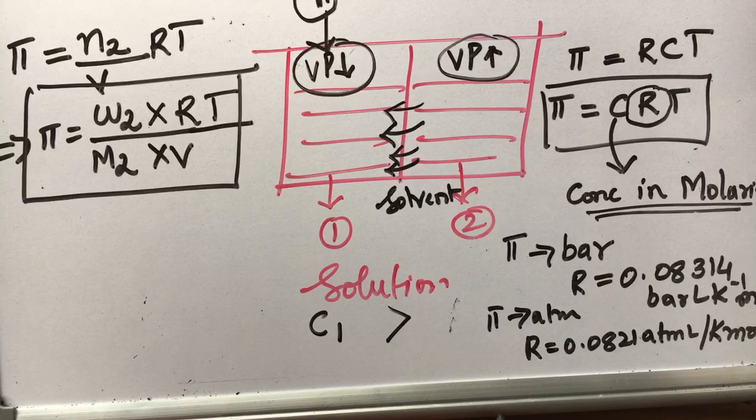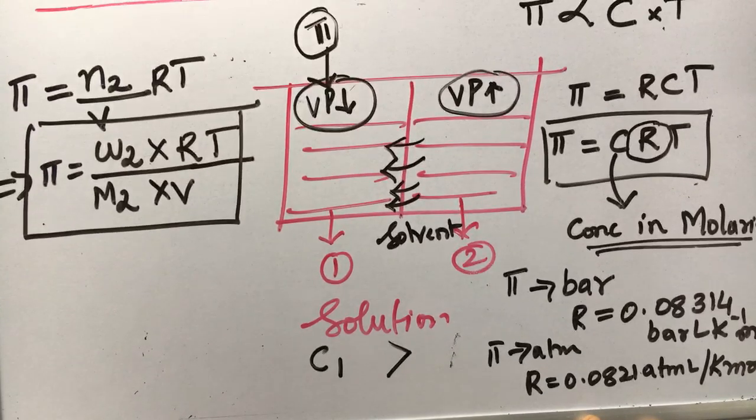So we have to study a concept called reverse osmosis. Let us study this in our next class, students. Please read all the concepts that I taught you. In order to solve the problems on this, you need to remember this formula.